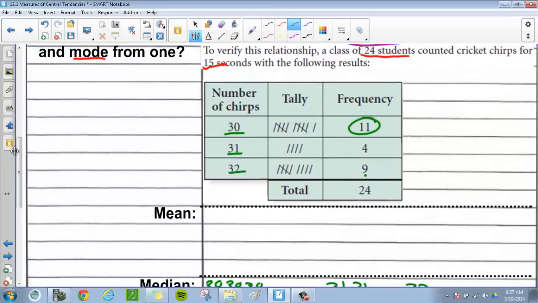Notice that there are 11 at 30 and 9 at 32. So if we cross out these 9 and cross out 9 here, we're left with 2 there, okay? So let's keep on working our way to the middle. I just kind of got rid of the outer ones, right? And now I'm going to cross 2 more out here, and then if I take 2 more out there, I am left with 2 more there.